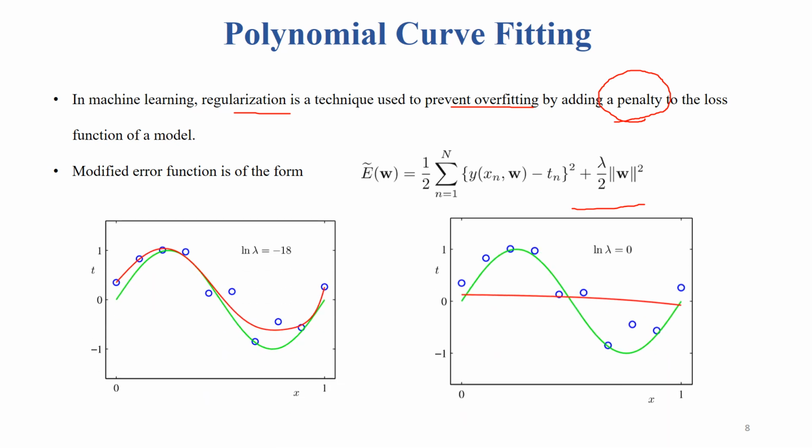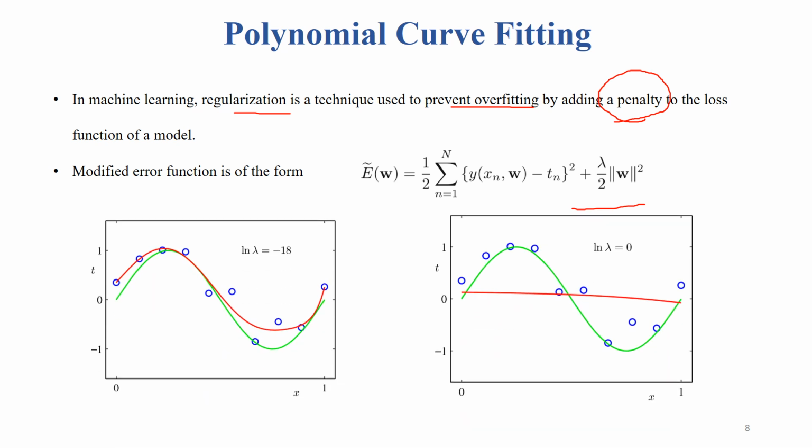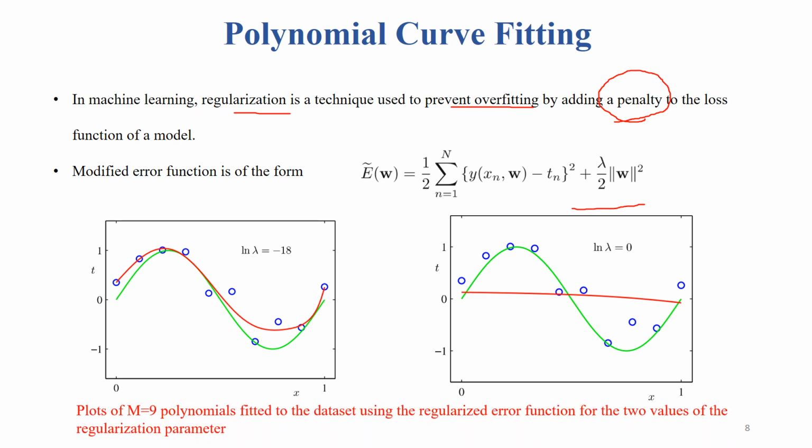Now, we could see some graphs which are showing ln of lambda when it is minus 18 and ln of lambda when it is 0. So these are plots of M equal to 9 polynomials which are fitted to the dataset using the regularized error function for the two values of the regularization parameter.